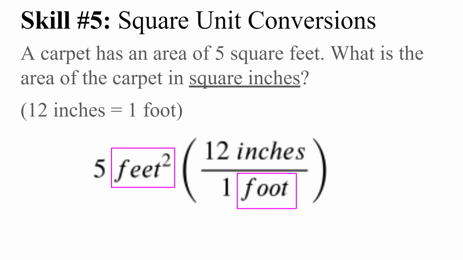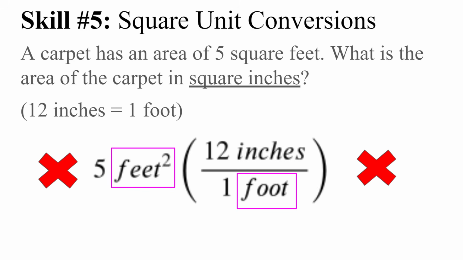One of them is a unit of length, and one of them is a unit of area. They need to look exactly the same, minus this whole singular plural English thing we do with feet. They need to look pretty much exactly the same for us to be able to cross them out. So many people would have said 60 for this one, and that would be wrong.